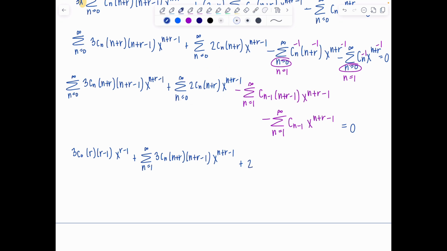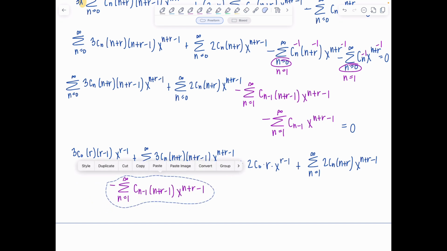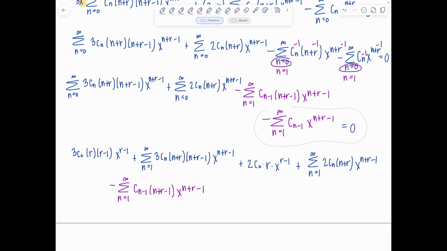So 2c naught times r times x to the r minus 1 plus, now I can start at n equals 1 to infinity, 2cn n plus r, x to the n plus r minus 1. And then the last two, I don't have to do anything. So if you'll just allow me to copy paste. And this, okay.